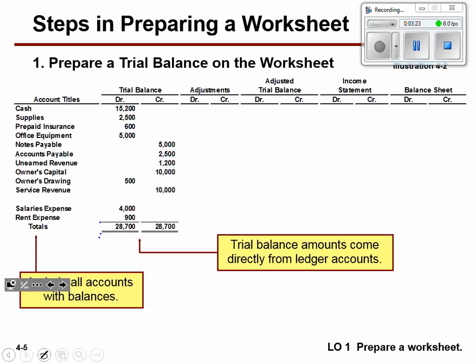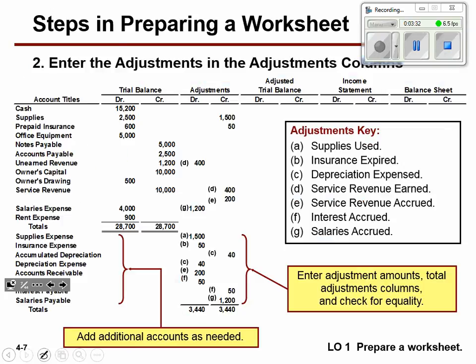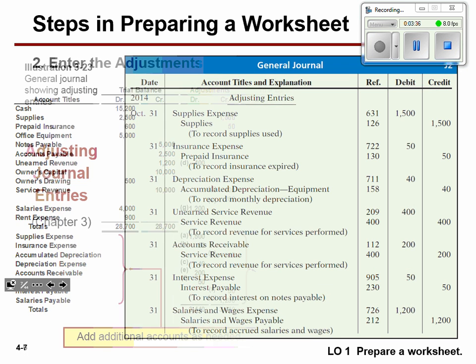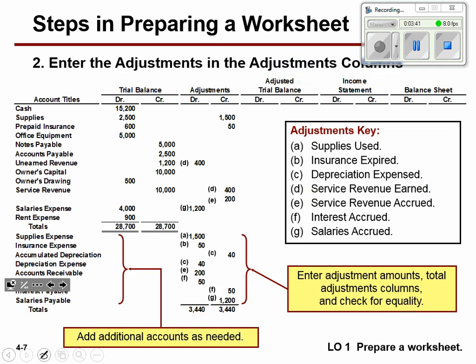But you'll see your debits and credits equal. That's step 1. Step 2 is actually taking a look at the adjustments and putting them in the column. So you guys remember doing all of this from last chapter, right? It's just then plugging them into the adjustments column.